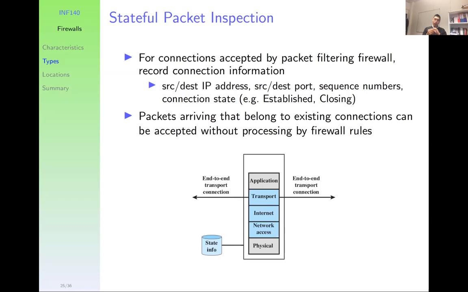But if there are other packets or traffic coming to the firewall that are not relevant to this established connection, then these IP packets wouldn't be allowed. So they will be dropped. That's the essential idea of having extra stateful packet inspection.